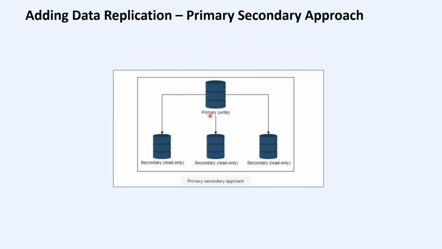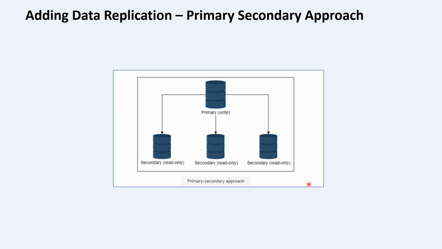We have one server used as a primary server that takes all the writes, and this primary server duplicates that data into all the secondary servers. The read happens from secondary servers, but the write happens only on the primary server.